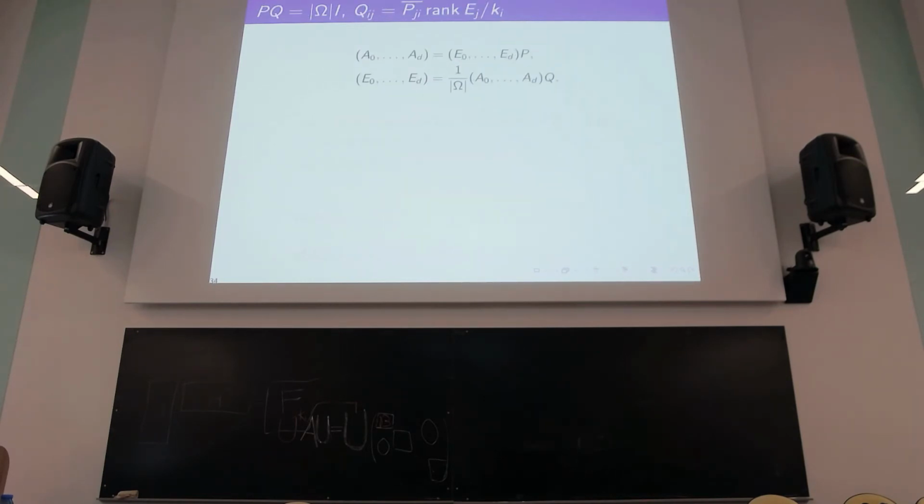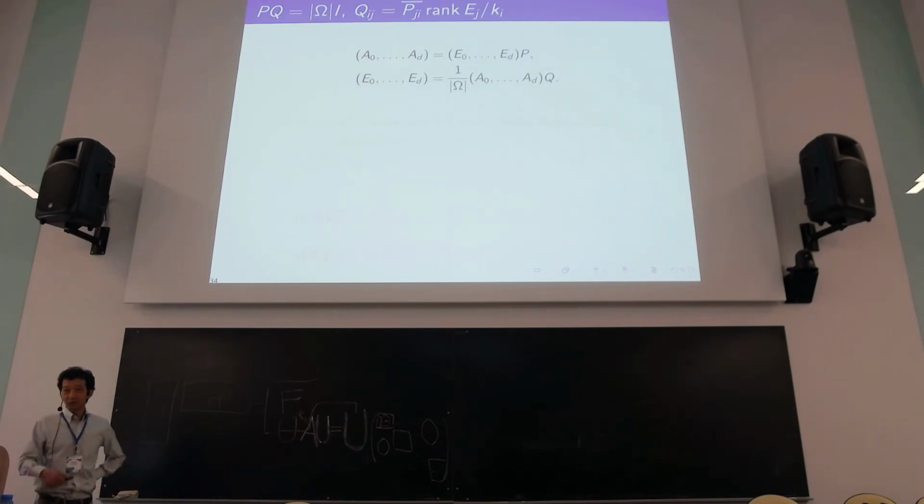So that's the representation of the Johnson scheme. Okay, there's one important relation for the matrices P and Q. P and Q are the two base change matrices which are essentially inverse to each other.